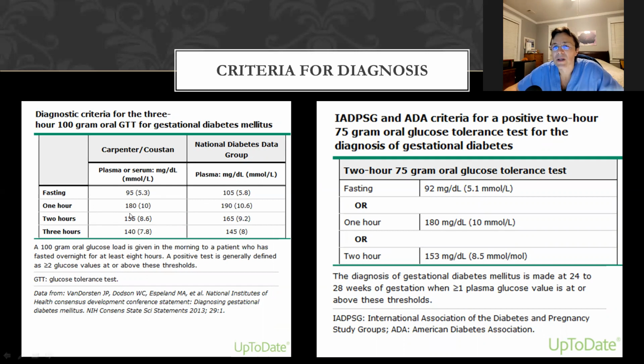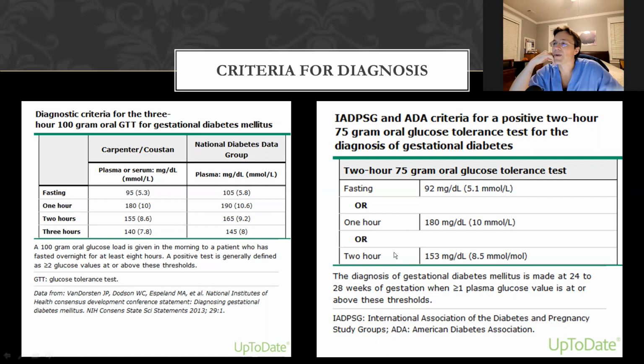Then the patient comes in and you give them 100 grams of oral glucose. You check the sugar, which should be below 180, and then 155, then 140. So you get all those numbers. And if you have two abnormal, then you diagnose your patient with gestational diabetes.